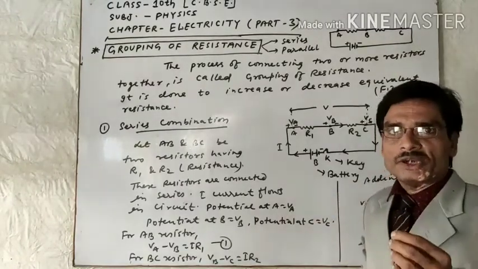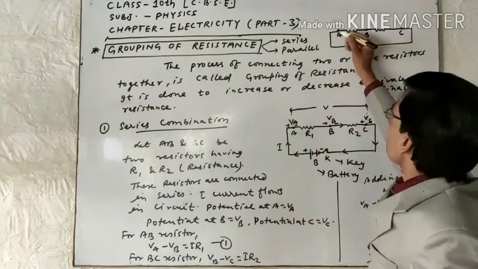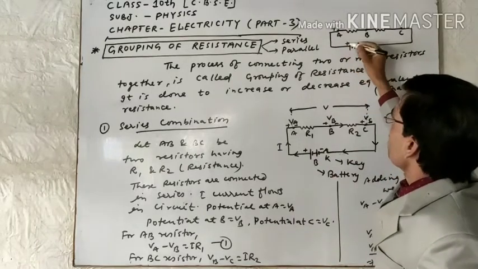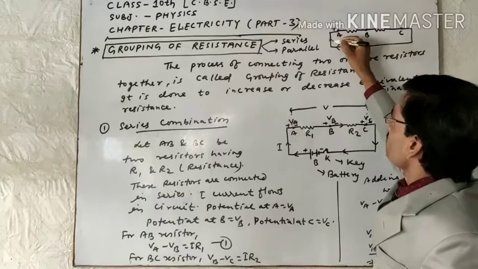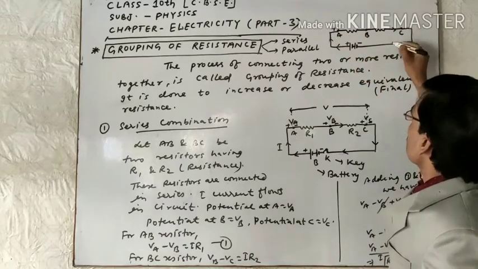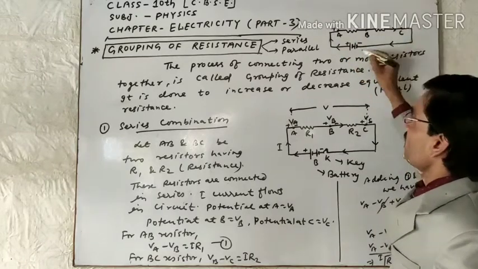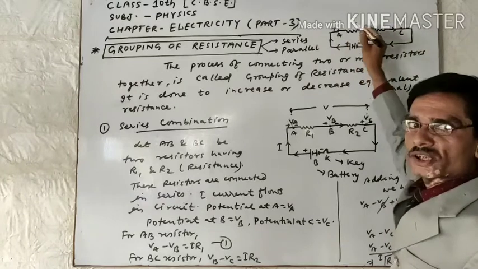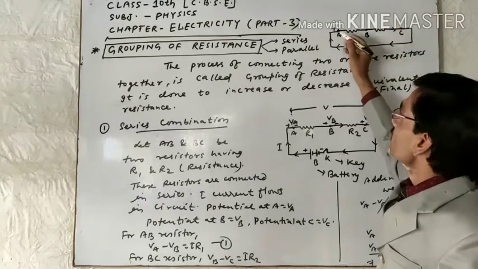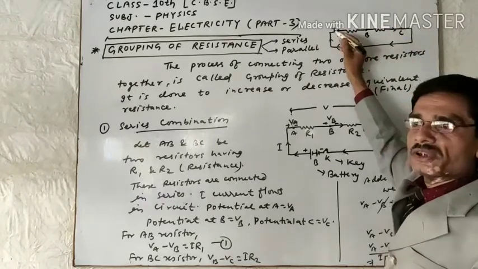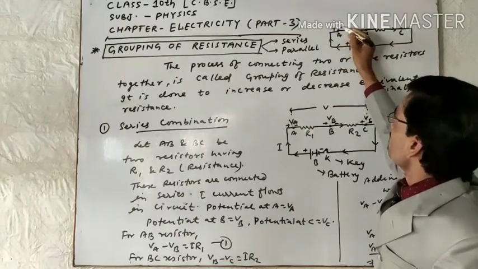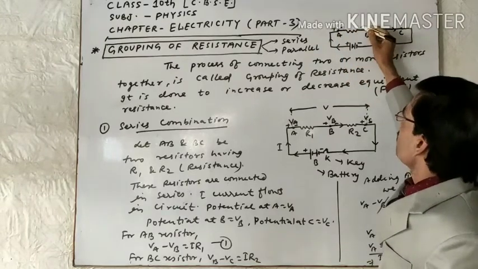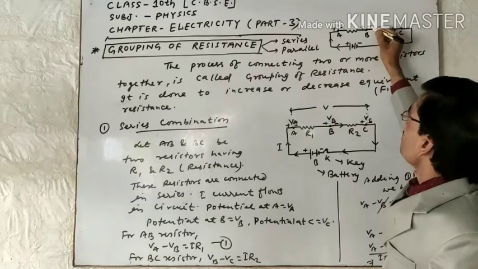If the positive end of one resistor... current always flows from the positive to the negative terminal of a battery. This shows the proper direction of current. This is the positive end of the resistor, but this is the negative end of the resistor. This is the positive end of the resistor, and this is the negative end.